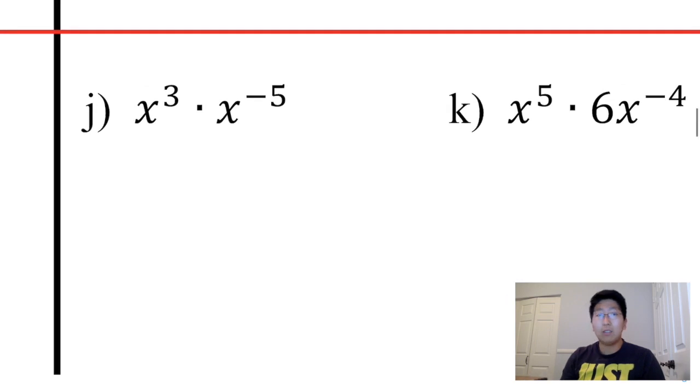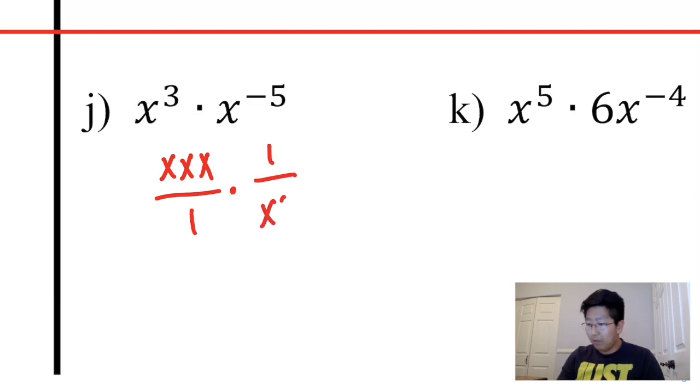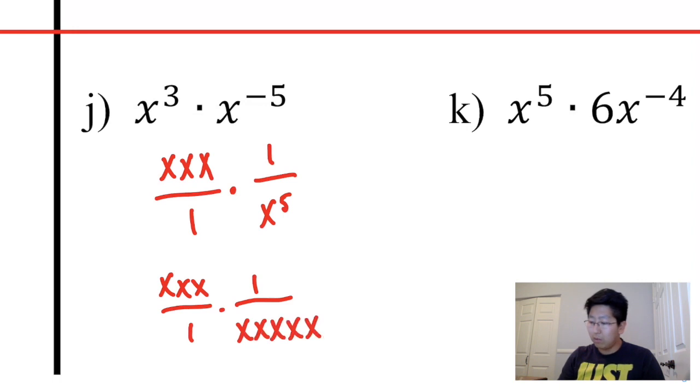The first one says x to the third power, so I'm actually going to write that out: x times x times x. Now, x to the negative fifth is the same thing as 1 over x to the fifth. And we could rewrite that as x times x times x over 1, times 1 over x times x times x times x.